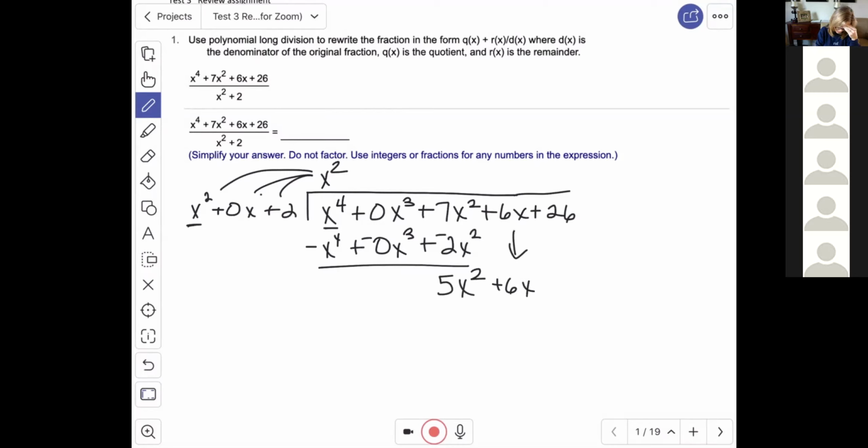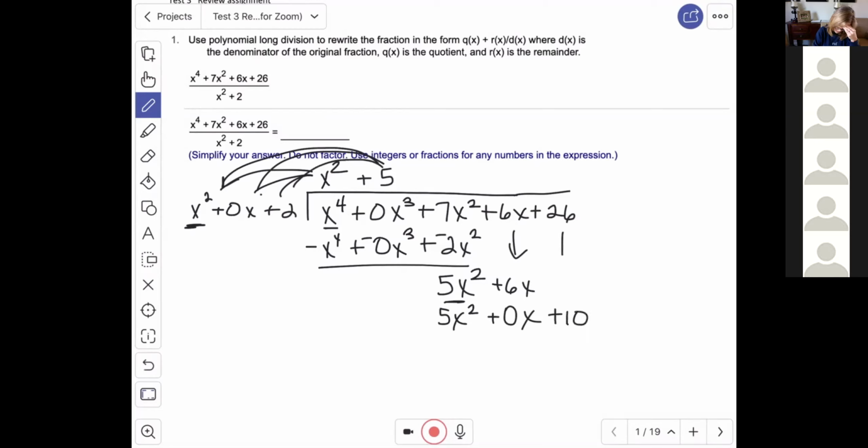Okay, if we start over again, we have x squared, 5x squared, and we just need to multiply by 5. Right? So multiply 5 through, we have 5 times x squared, 5 times 0, and then lastly, 5 times 2 is plus 10.